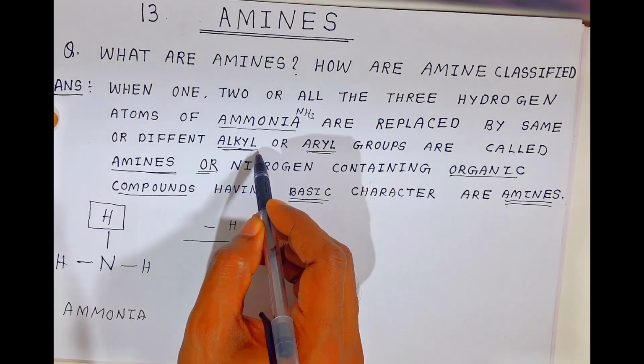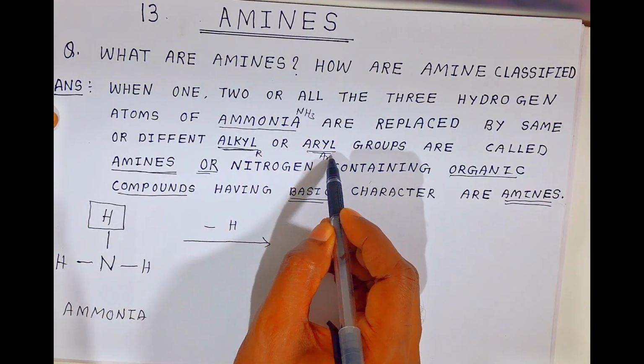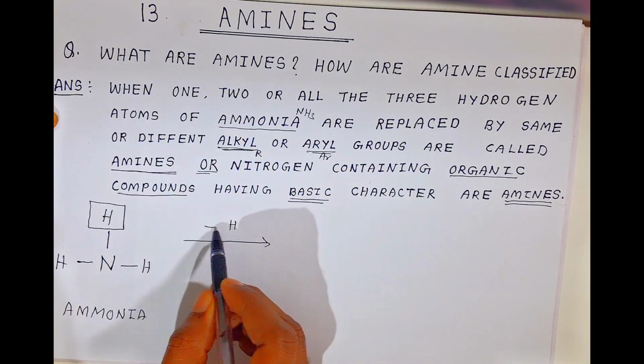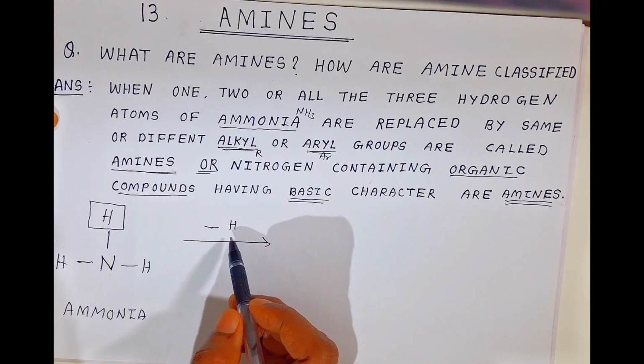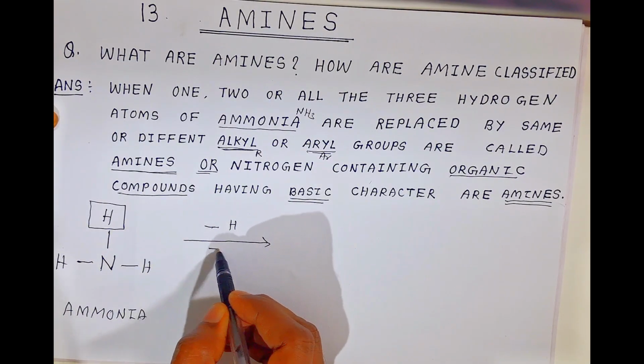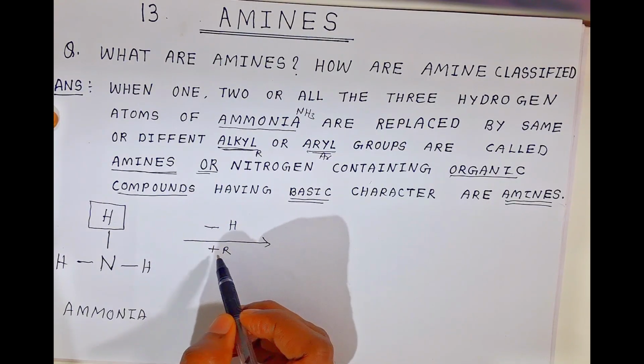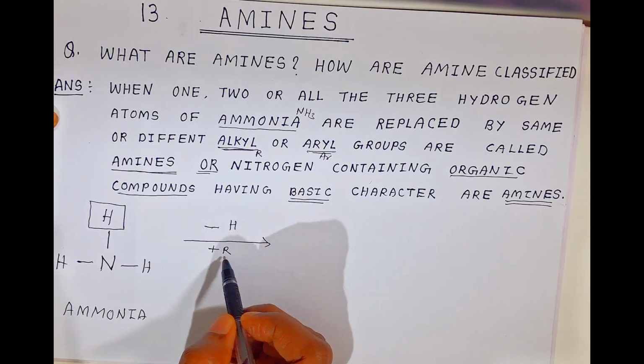Alkyl we represent with R and aryl with Ar. Suppose you are replacing hydrogen by an alkyl group: one hydrogen of ammonia is replaced by one alkyl group, which I am showing with plus R. You remove one hydrogen and add one alkyl.